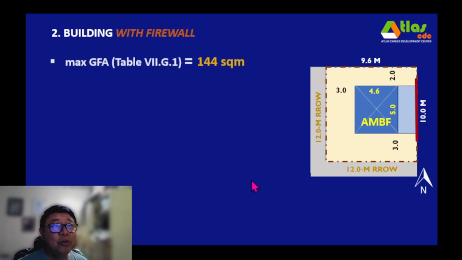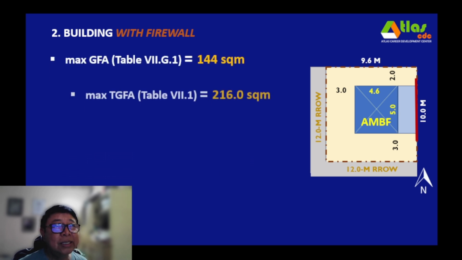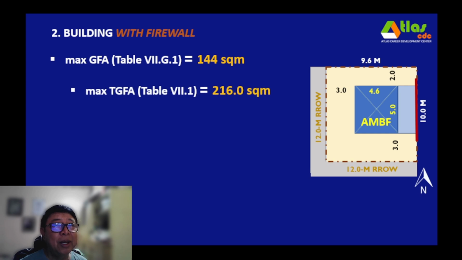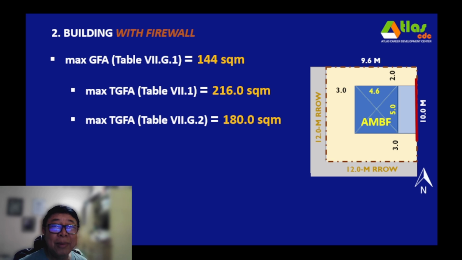So if we are going to compare, this is our maximum GFA, and this will be our maximum TGFA values. So if we look at the maximum TGFA values here, the more stringent one will be at 180 square meters based on table 7.g.2.